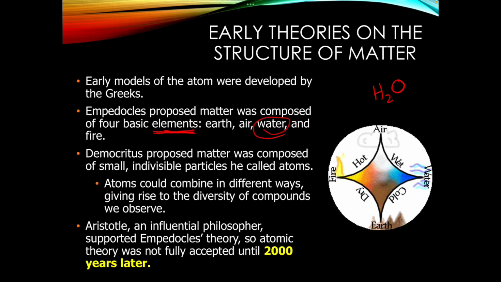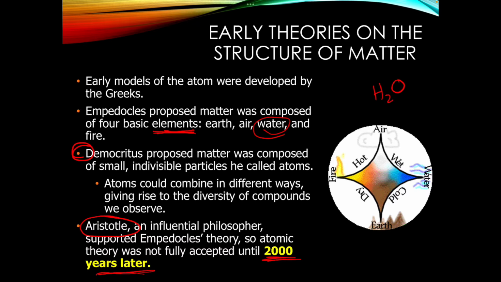So this was a long time ago, okay? And he was essentially kind of right. But Empedocles was friends with Aristotle, you guys have likely heard of Aristotle. He's an influential philosopher back in the Greek days, a long time ago. And Aristotle agreed with or supported Empedocles' theory, and so it wasn't until 2,000 years later. Isn't that nuts? This guy, Democritus, was right.